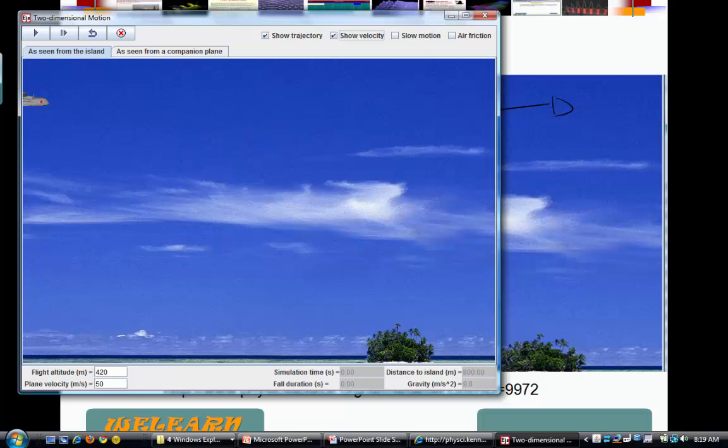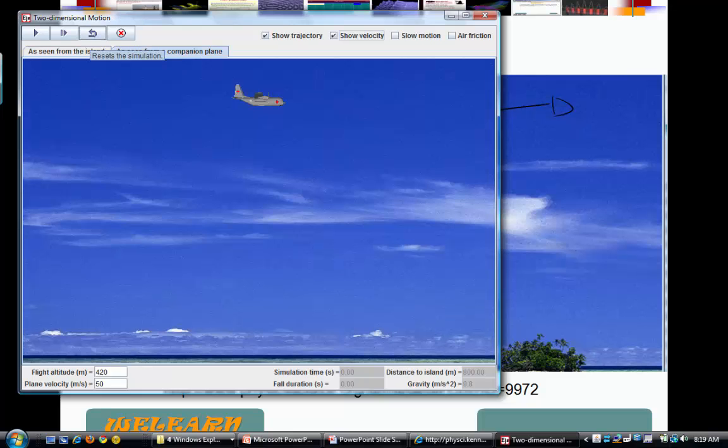Now, this button here that you see there is going to allow me, okay, I don't know what happened here. This button here with the red X is the one that I can use to drop the package. Okay, let's try.